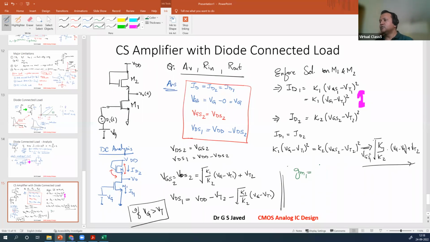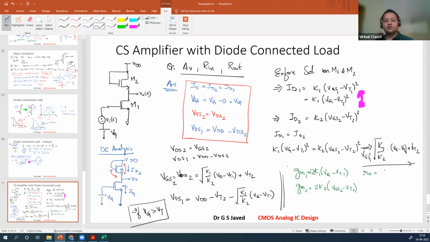Now let us find out the two variables that we generally find out, Gm and R0. Gm1 is equal to 2K1 times (Vg minus Vt1). Gm2 is equal to 2K2 times (Vgs2 minus Vt2). Next R0.